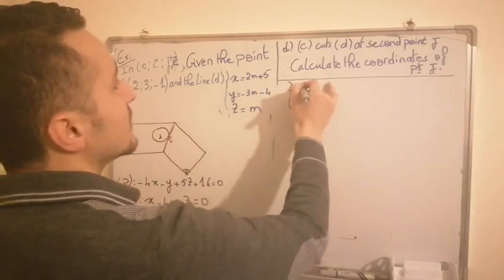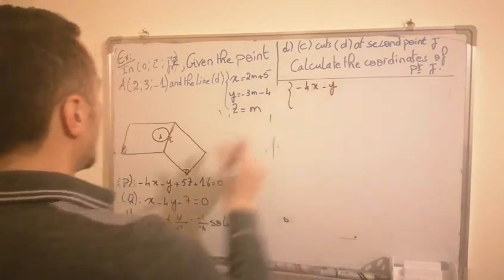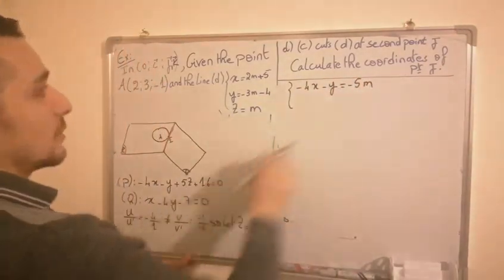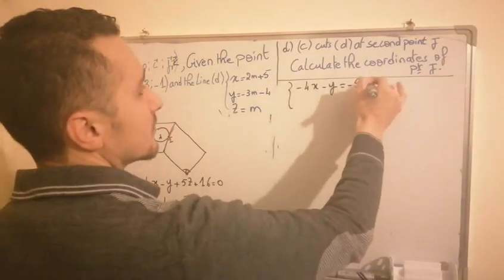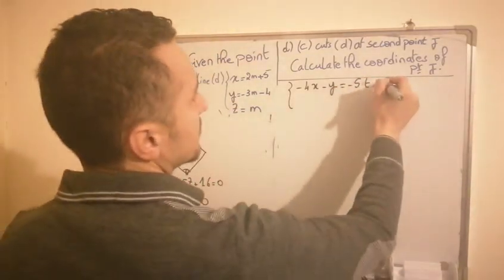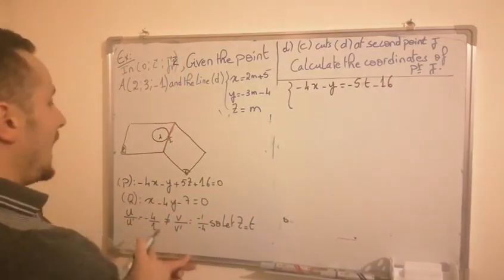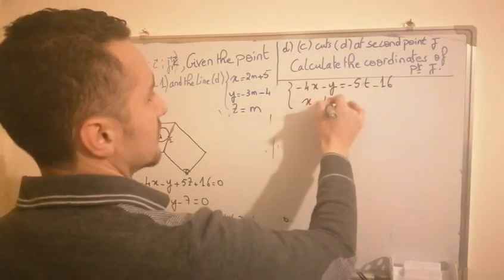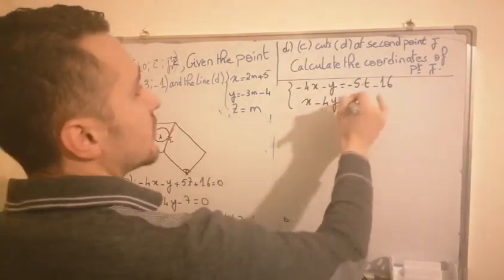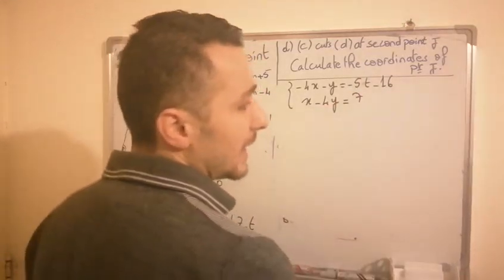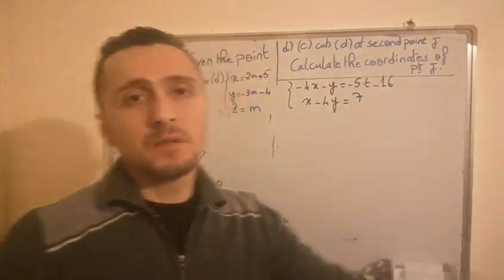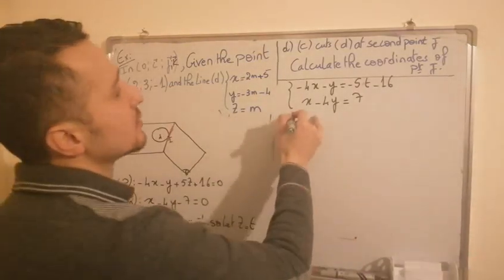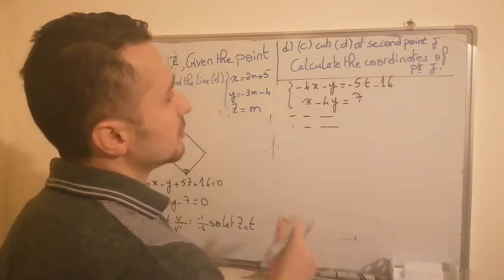So we obtain minus 4x minus y equals minus 5t minus 16, and x minus 4y equals to 7. هلا هون انا كرمال ما طول عليكم بالفيديو شو رح اعمل بكل بساطه حط يعني لحط السوليوشن of this system. We continue.